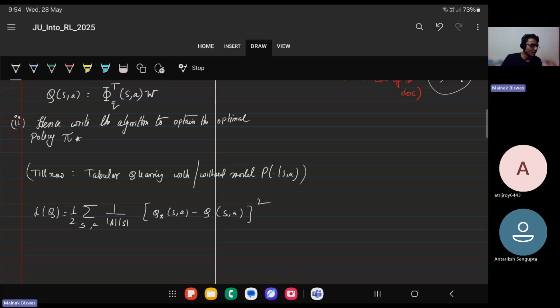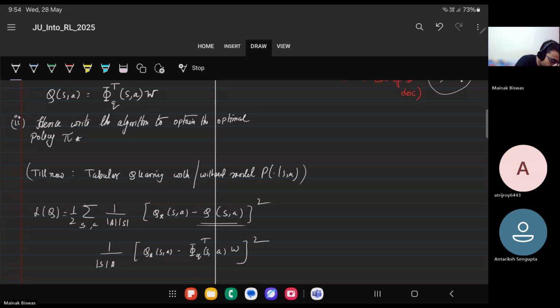I want to learn a Q of S comma A such that it is equal to the Q star function. Now I know Q of S comma A is what? How am I approximating it using linear function approximation? Minus phi of S comma A transpose W, yes or no?